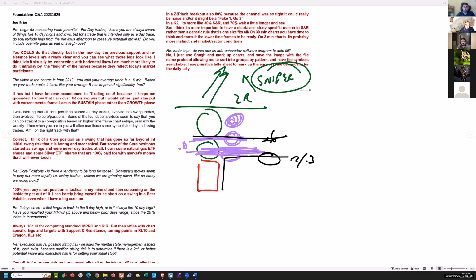So I have some little fraction. And then I'm not doing anything until it gets up to 2. And then what I'm doing is I'm trying to simply continue to refine that until I'm up around plus 2R, and I'm probably locking in 1.75.